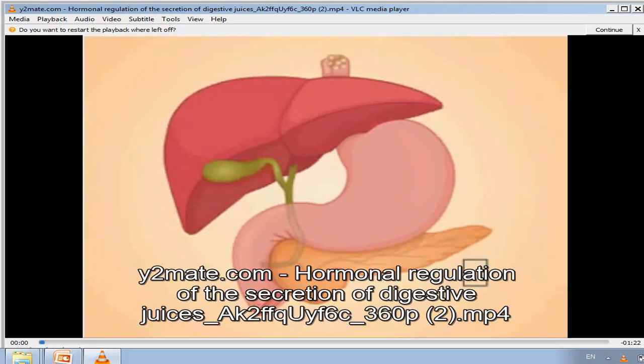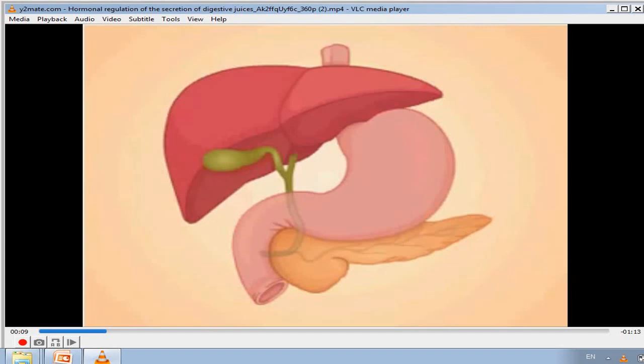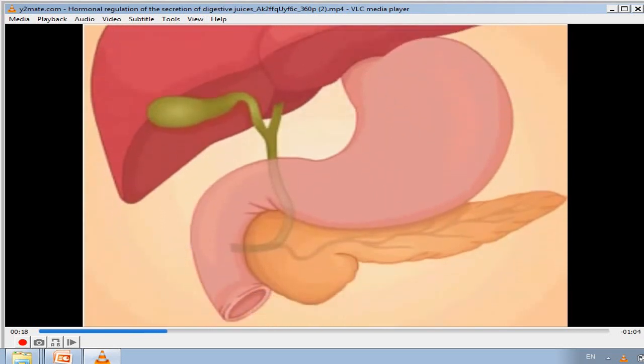When food reaches the stomach, it presses on its walls, thereby increasing the secretion of gastric juice and stimulating the secretion of the hormone gastrin. When gastrin passes into the blood, it stimulates the cells of the gastric glands to continue their secretion of gastric juice.